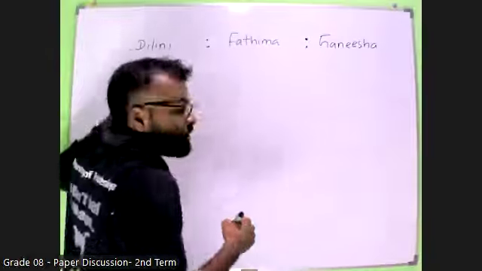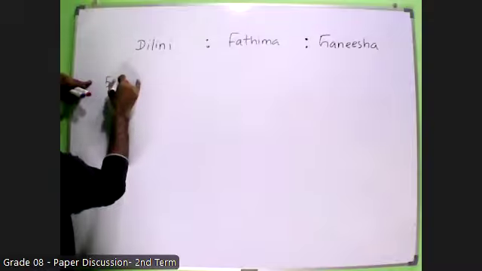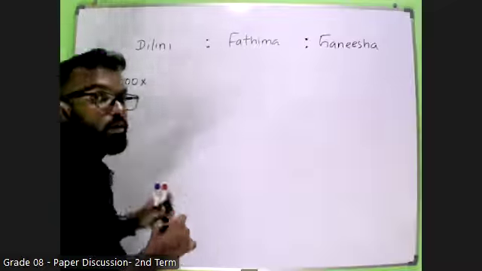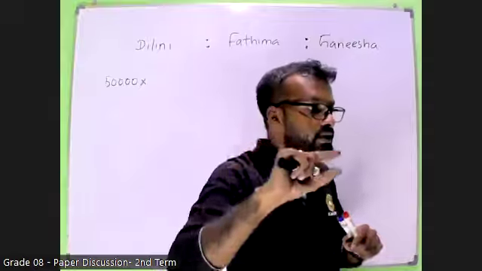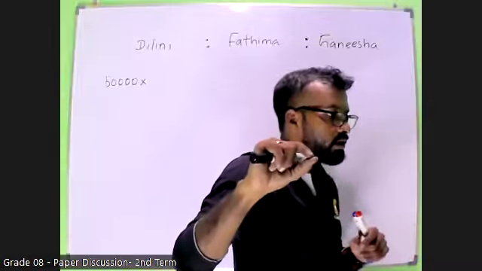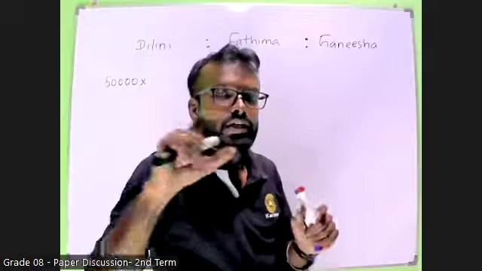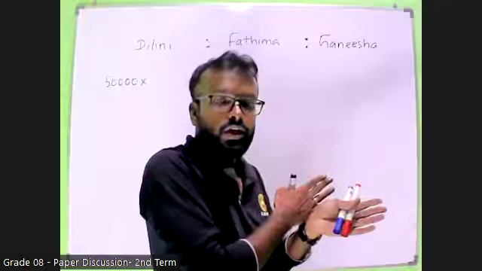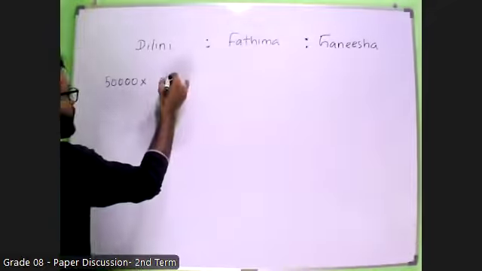So Dilini has invested 50,000 rupees. What is the time period? The amount of 50,000 has been invested since the 1st of January, so in a certain year, she began on 1st of January until 12 months. 50,000 into 12.